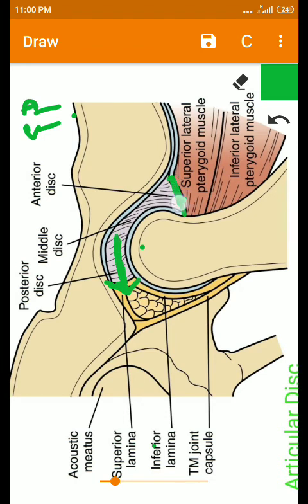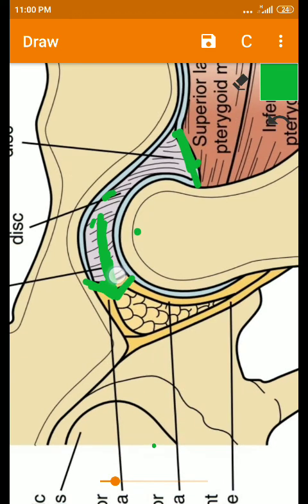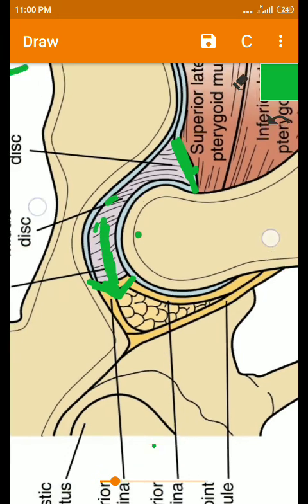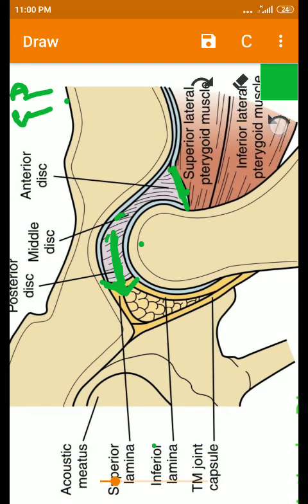This one is restricting. అంటే వెనక ఎక్కువ మూవ్ అవ్వకుండా these anterior attachments are restricting the posterior translation of the disc. That is the function of the anterior attachments of the articular disc. What is the function of the medial and lateral attachments of the disc? They help to rotate the articular disc freely in antero-posterior directions.